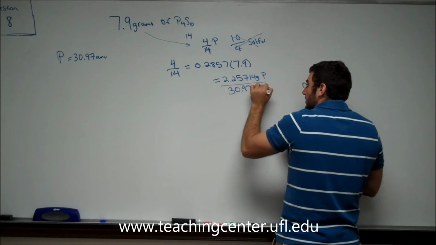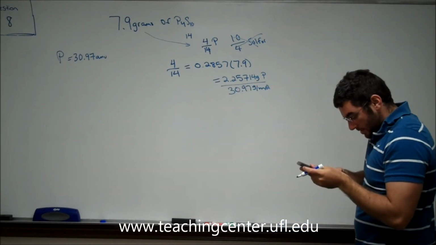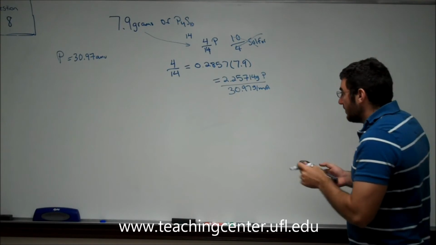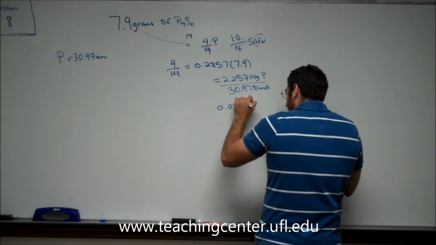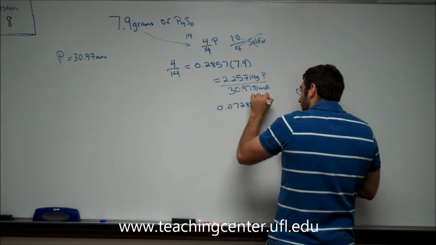Now to go from grams to moles, we divide grams by the atomic mass, which is 30.97 grams per mole, which gives us 0.07288 moles of phosphorus.